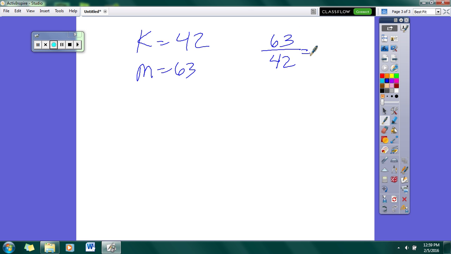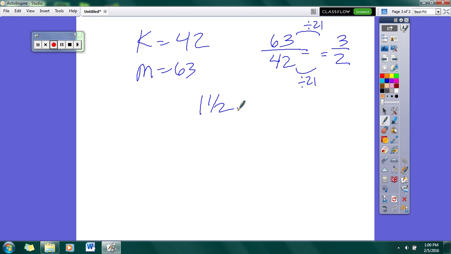Now we know that 21 is a factor of both 63 and 42. So I'm going to divide this by 21, and I'm going to divide this by 21, and I get 3 over 2, which means that I can fit 1.5 of Calvin's inside of Mike's.